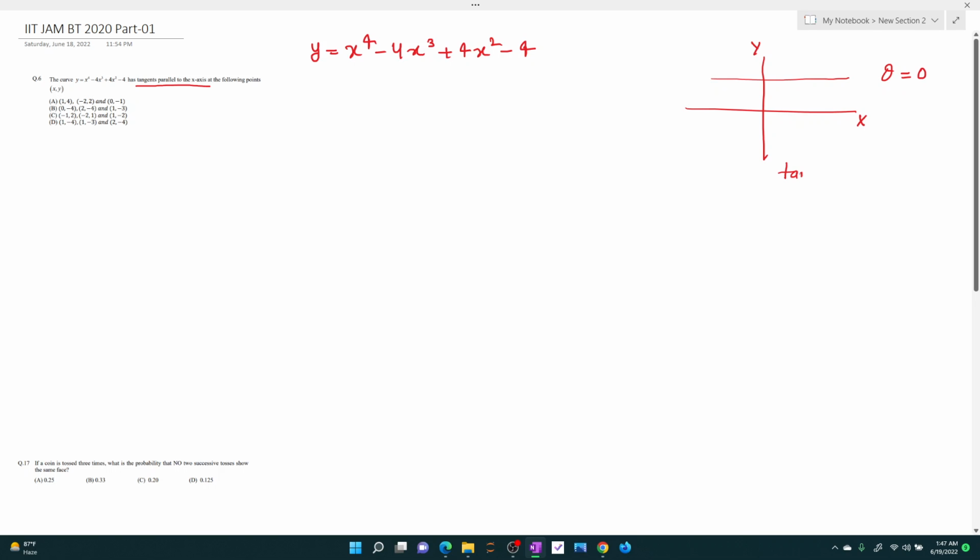So the value of tan theta, which is the slope, is tan 0, which is 0 upon 1, nothing but 0.